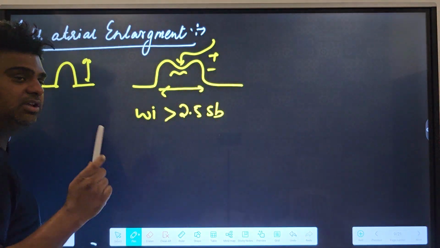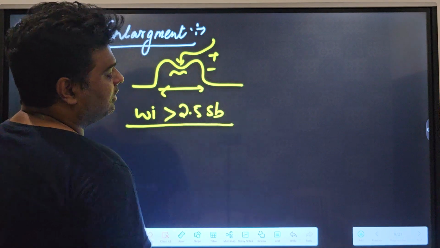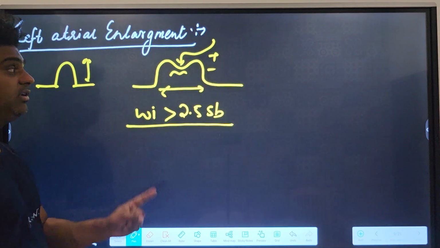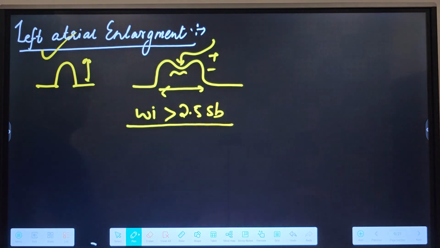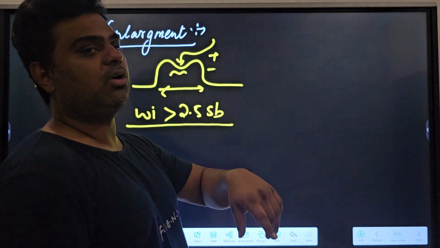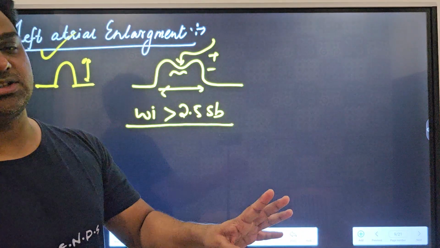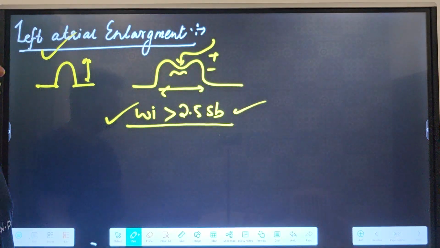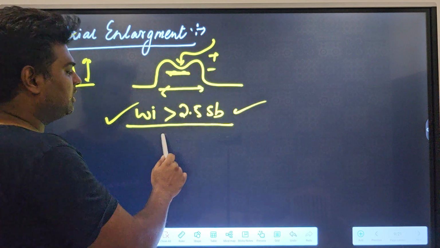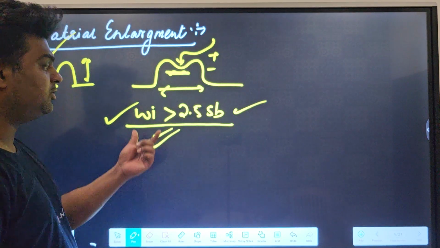And also remember the vice versa. If this condition is not fulfilled, then the presence of a notch doesn't mean that there is left atrial hypertrophy. So the presence of notching may or may not be necessary, but this requirement is necessary for left atrial hypertrophy. In a lot of ECGs you will see notching with the width being normal.